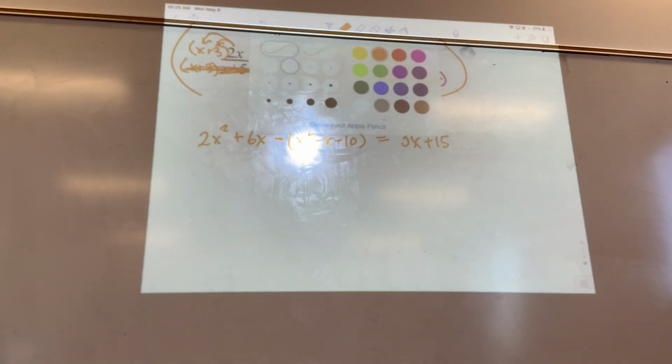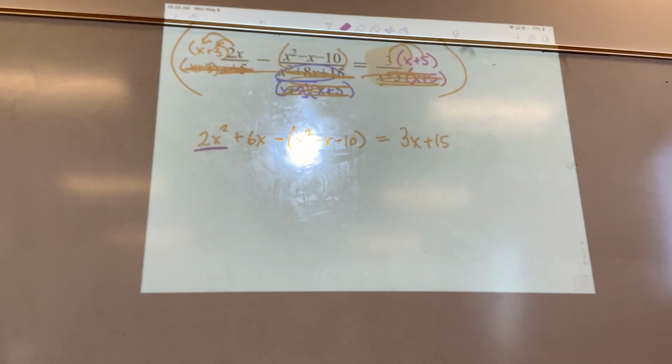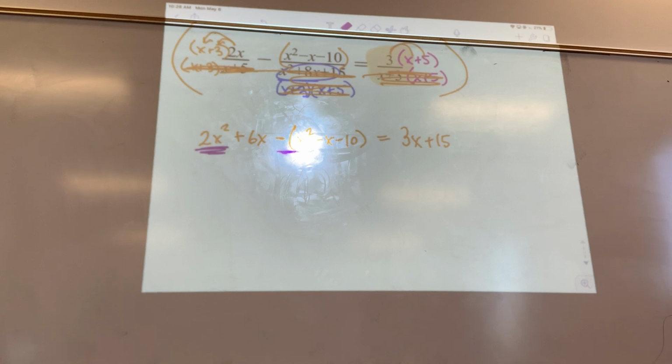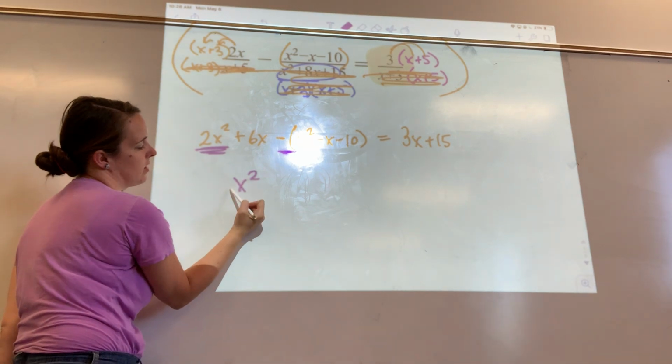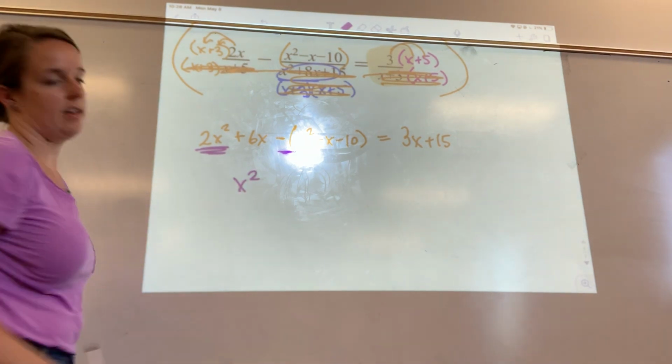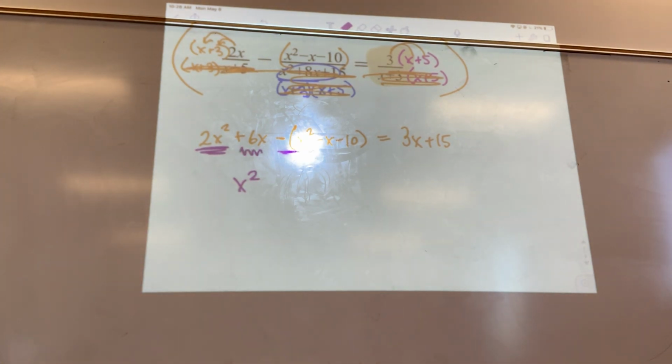So I have 2x squared minus x squared. What would that be? 2 minus 1, right? So x squared, or 1x squared if you want. And then I have 6x minus negative x.